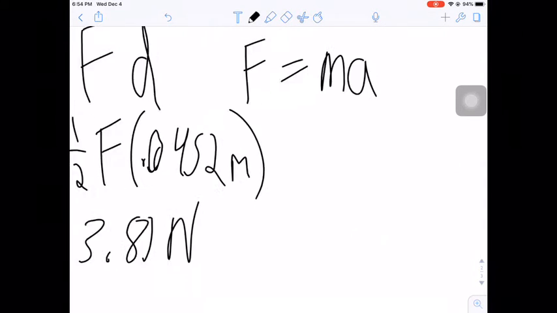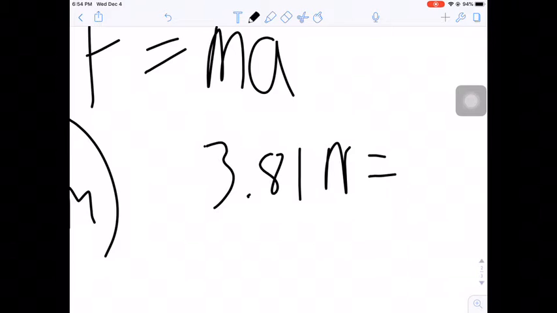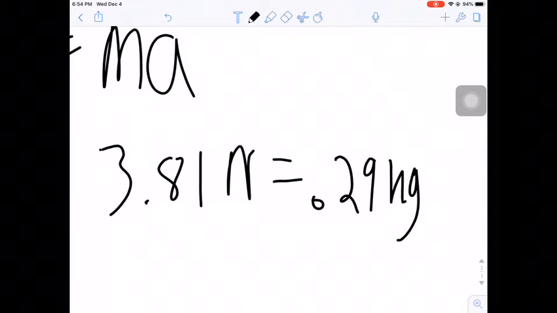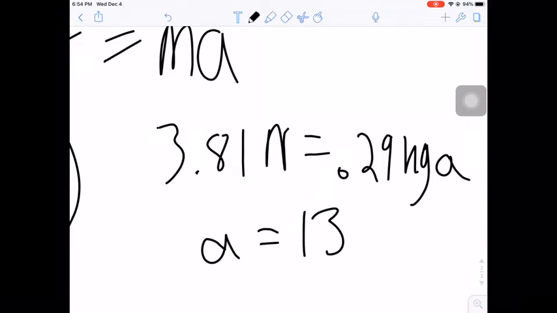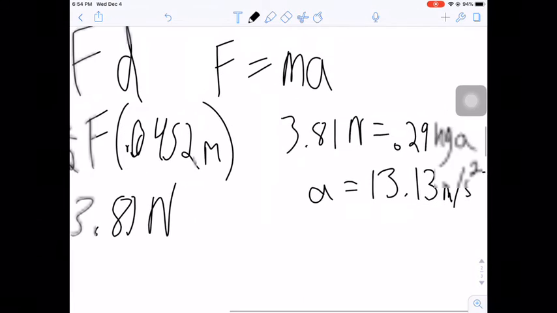Now we can plug it into our equation: 3.81 newtons is equal to its mass, which is 0.29 kilograms, times a, and we're solving for a. We get that a is equal to 13.13 meters per second squared for our acceleration.